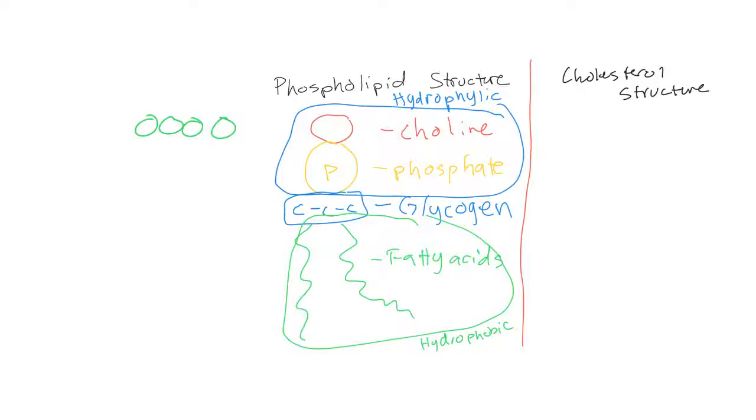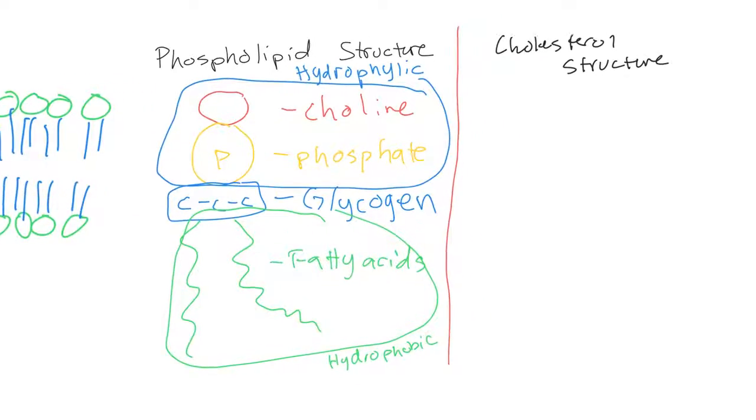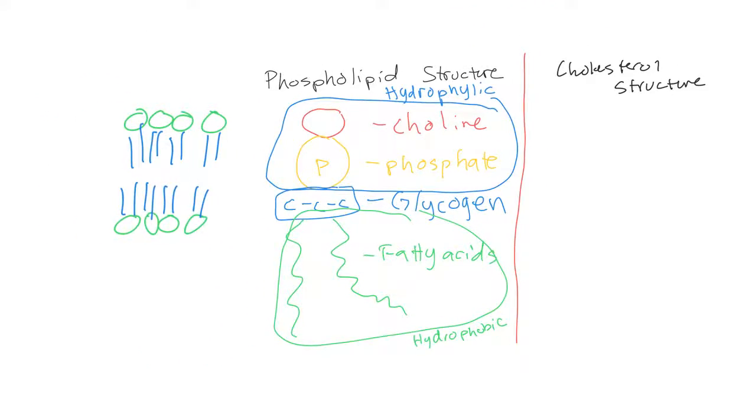So you have heads on one end, heads on this end, and tails pointed towards each other, and then it goes all the way around and forms a big circle. And the tails are the fatty acids, right?